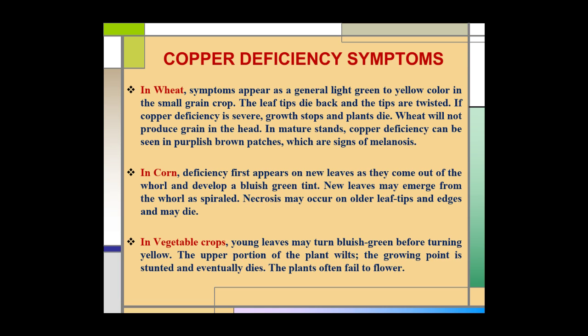In vegetable crops, young leaves may turn bluish green before turning yellow. The upper portion of the plant wilts, the growing point is stunted and eventually dies. The plants often fail to flower.